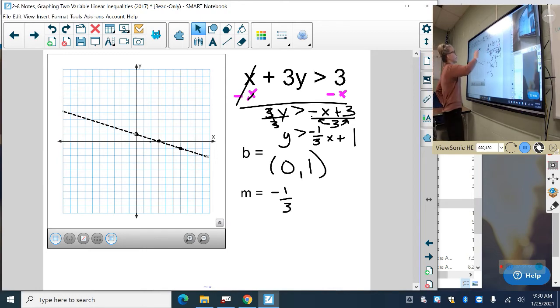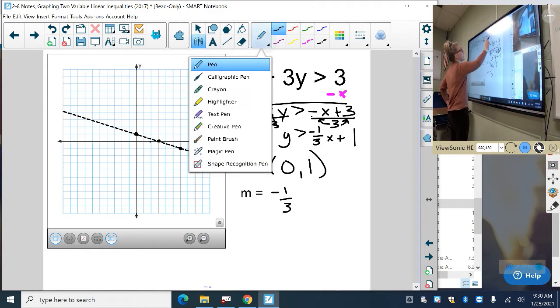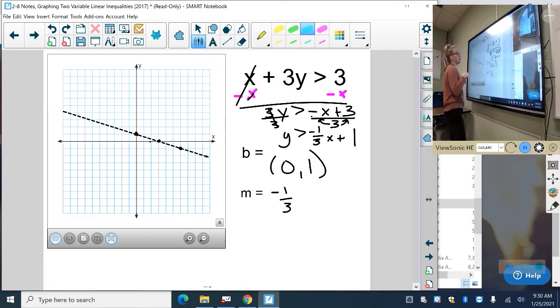Now I have to shade. If you don't shade, Math Excel will mark it wrong. You have to shade because it's an inequality. So now I have to think to myself, am I shading the mountain or am I shading the sky? Above it or below it? Well, since it's greater than, I'm shading above it, which means I'm shading the sky.